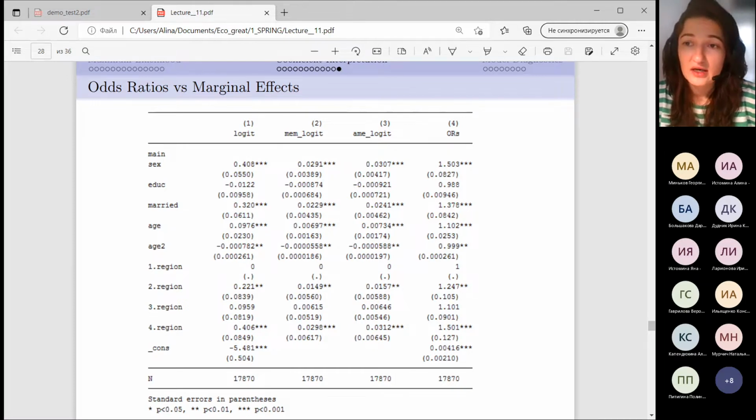Okay, so what does it mean? It means if we coded our gender as 1 if the respondent is male and coded 0 otherwise, it means that being male puts you at 1.5 times greater odds of being, let's say, self-employed.